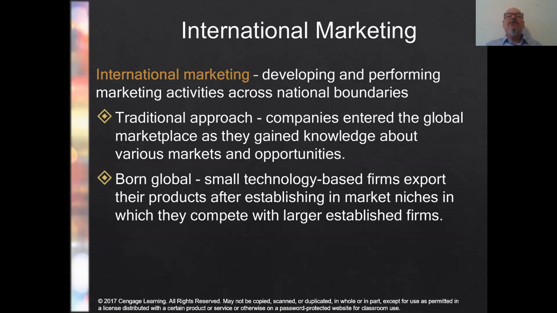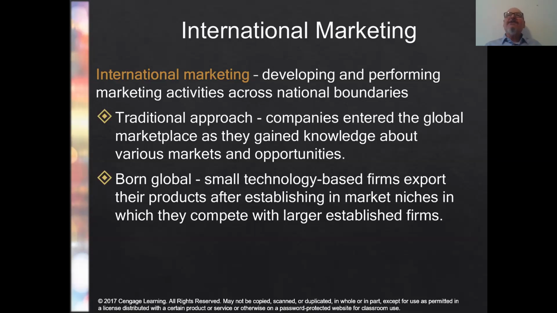So let's take a look at the international marketing definition. International marketing is developing and performing marketing activities across national boundaries. Traditionally, companies entered the global marketplace as they gained knowledge about various markets and opportunities.